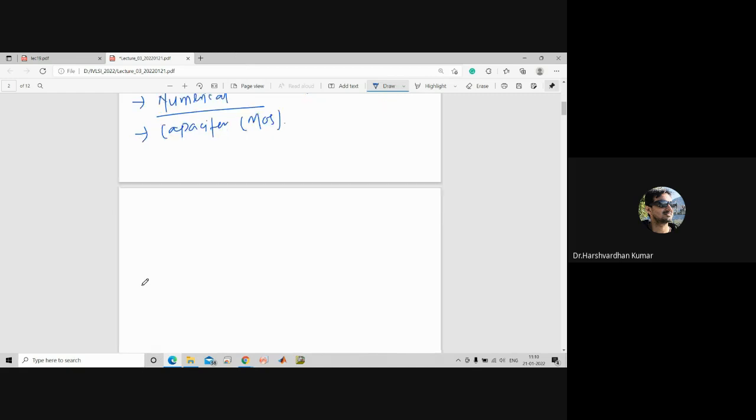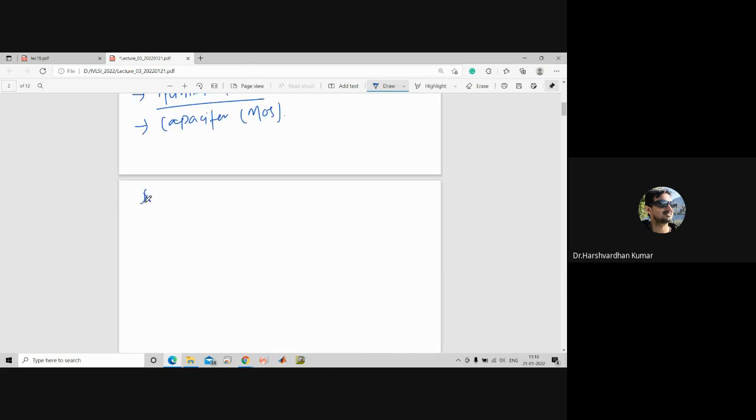So see the MOS structure. Everything you can understand by drawing the MOS structure. This is very important.